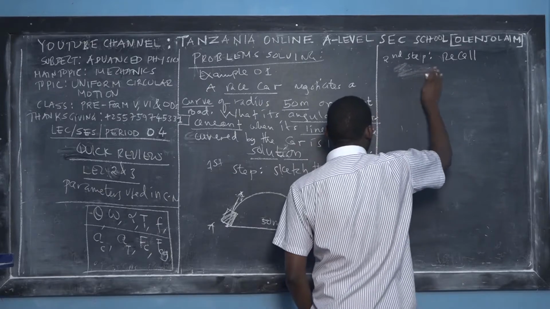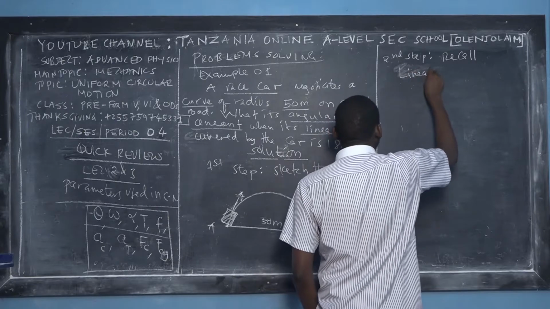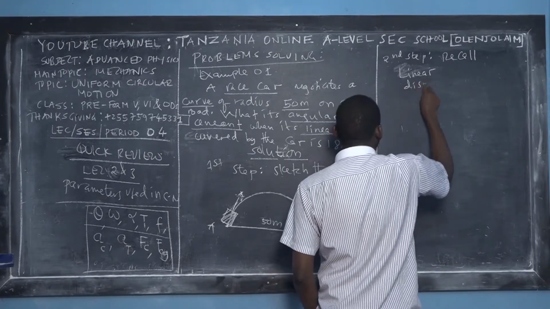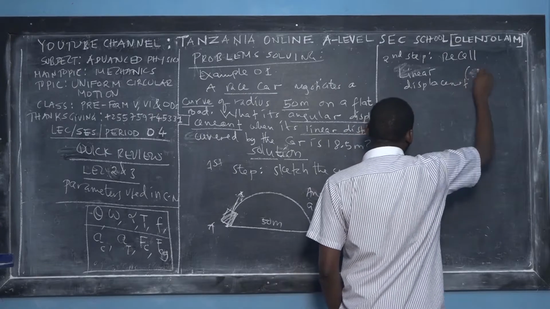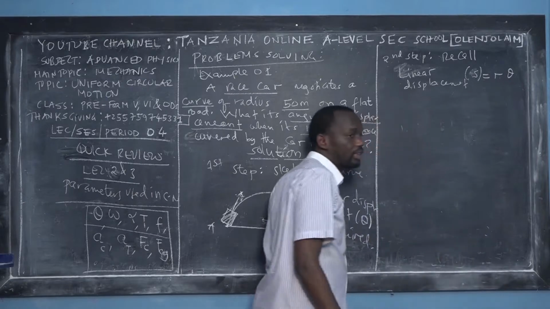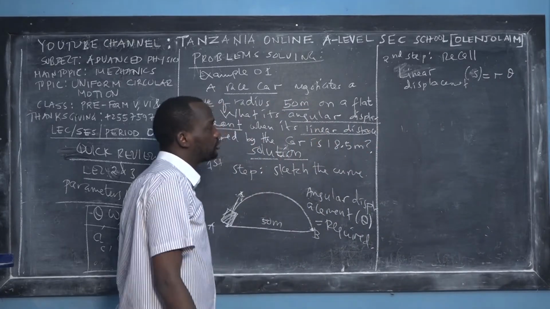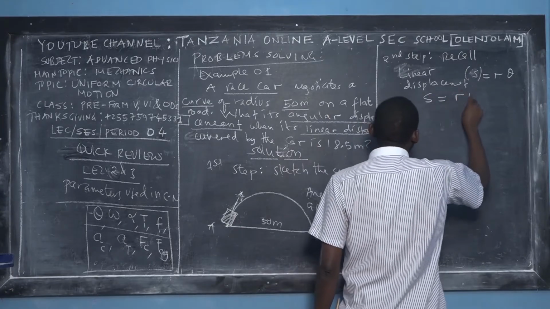I told you that the linear displacement, if you do remember, let me remind you, linear displacement, this is S, we call it, is equal to radius of the circle, or radius of the curve, times angular displacement. So simply, S is equal to R times theta.